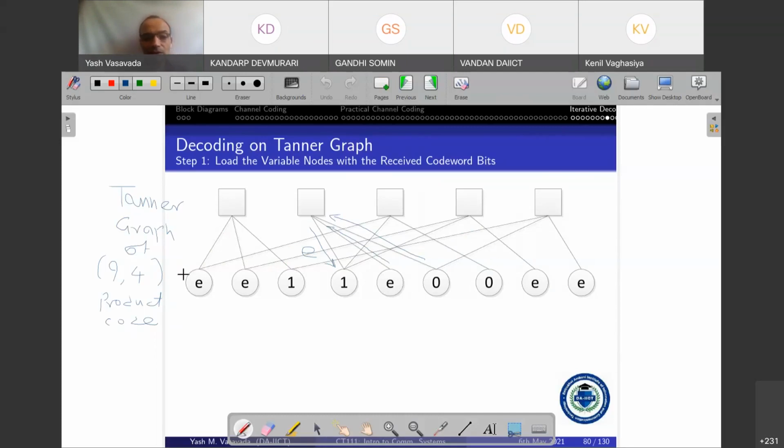So when the algorithm goes to CN1, it will have to pass messages to VN1, VN2, and VN3. Although we can see right away that the message it will pass to VN1 will be erased because this node is erased, your algorithm can't see this type of diagram, so it will still have to do that part.